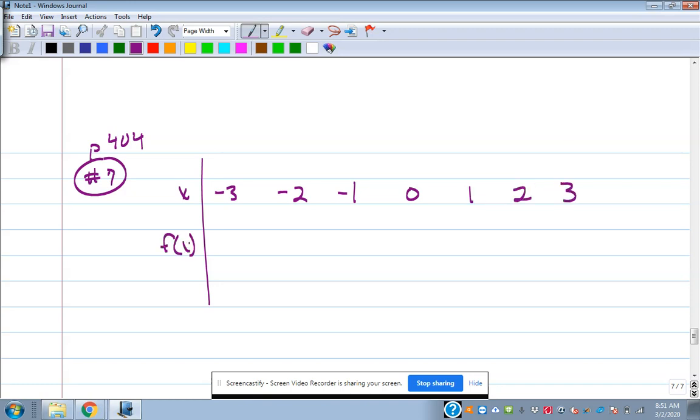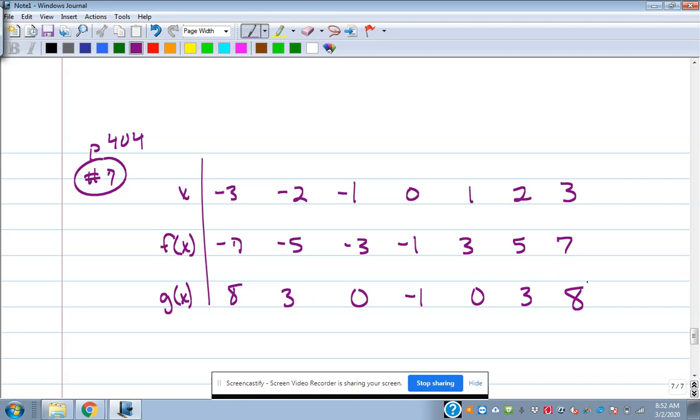And then you got an f of x row, and it gives you the y values of f of x: -7, -5, -3, -1, 3, 5, 7. F of x must have been linear. And then g of x: 8, 3, 0, -1, 0, 3, 8. G of x must have been an even function by looking at those y values. All right, so they give you that.